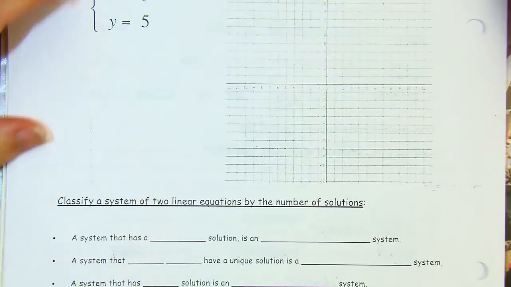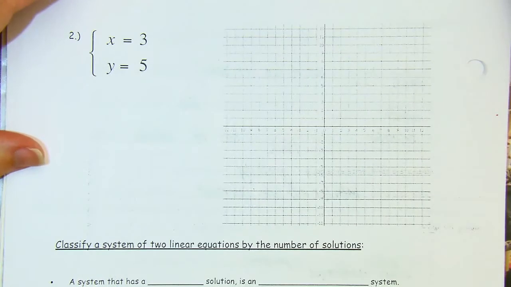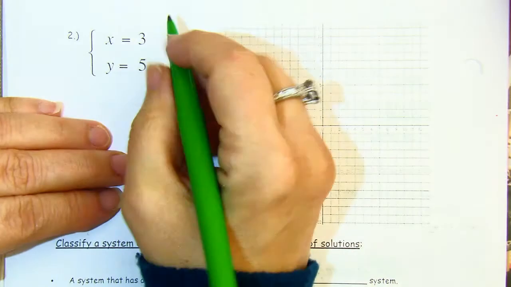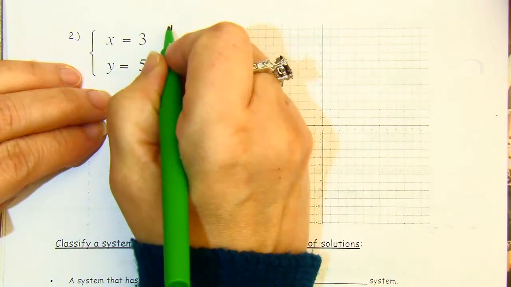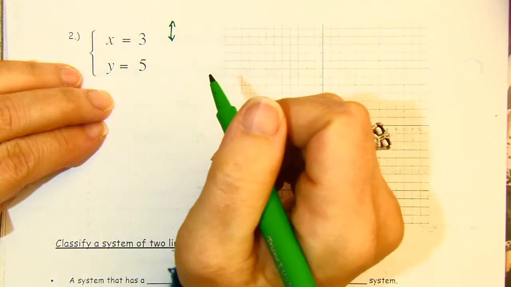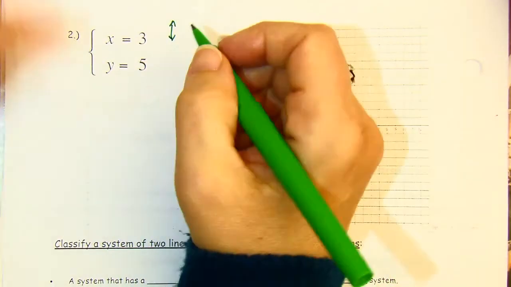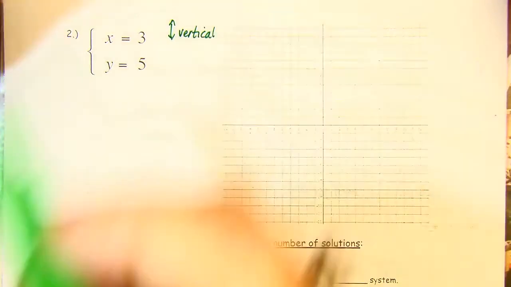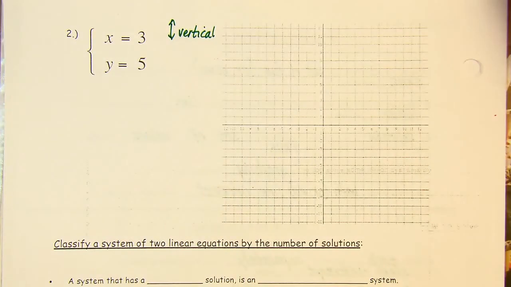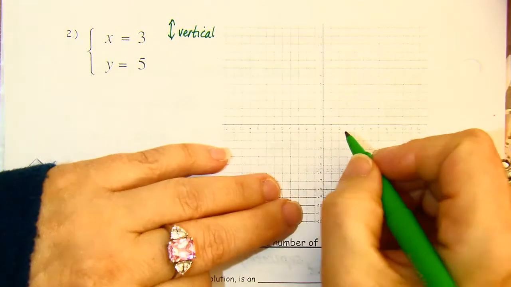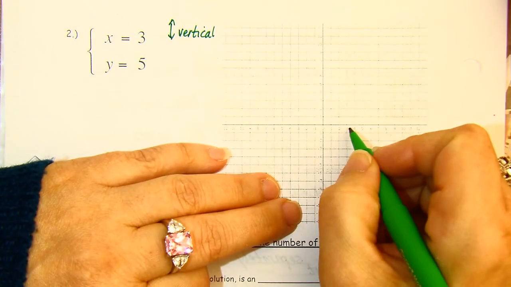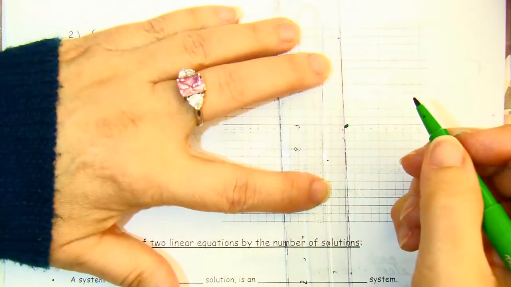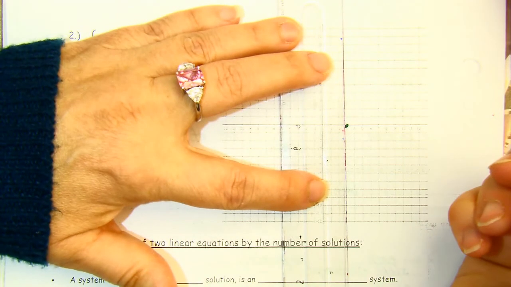We have a system, and this system is actually a vertical and a horizontal line. x equals 3 is a vertical line where x is 3. So I'm going to put a dot where x is 3. And anywhere on that line, the x value is going to be 3.